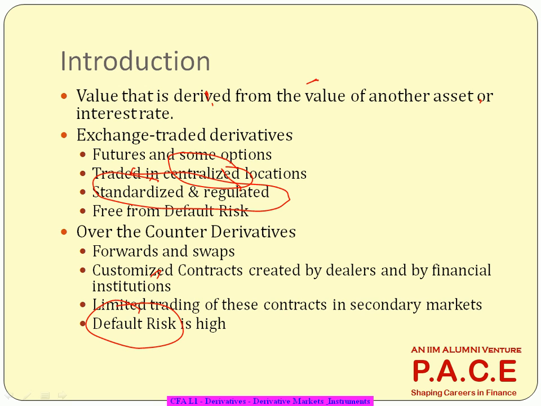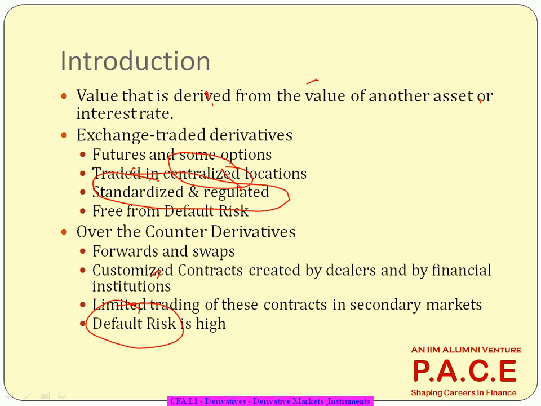Same thing may happen from your side. If, as a seller, the market price is 105, you may think, why should I sell to this guy at 100? I may sell it at 105. So the sense of default is higher in the case of over the counter contracts, because it's an agreement between two parties and there is a good chance of breaking the agreement.